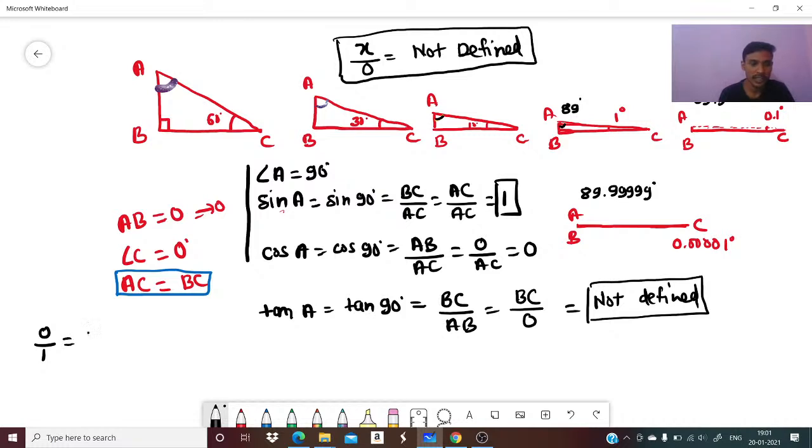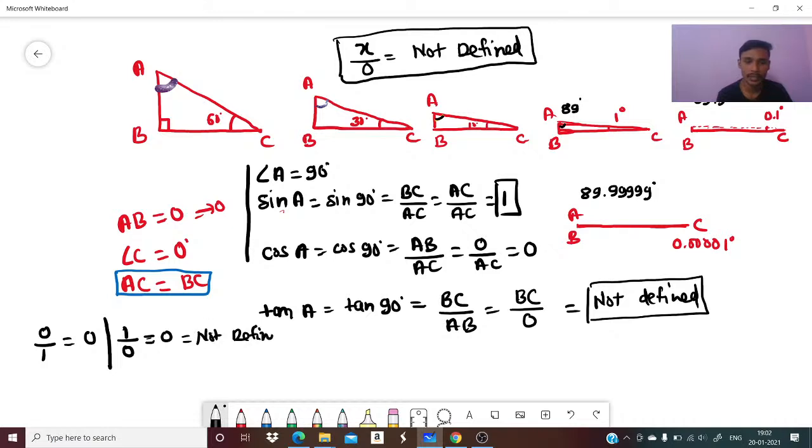So I told him that it's 0. Then he asked me what is 1 by 0. So I replied again 0. I said that 1 by 0 is 0. At that time he told me, no son, this 1 by 0 is not equal to 0, that is not defined.